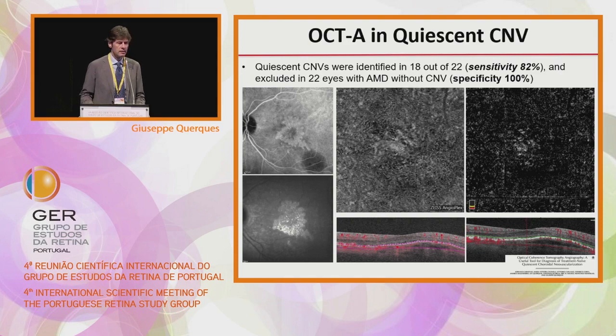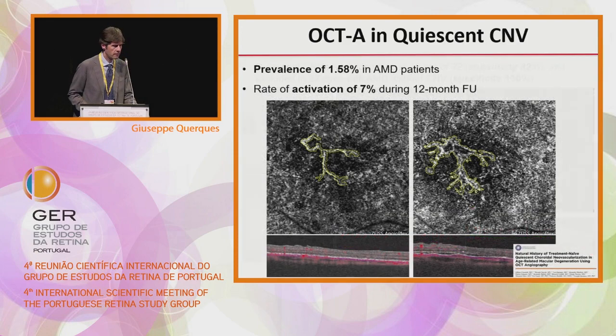So this means that ICG is still the gold standard to make the proper diagnosis of quiescent CNV. And we also looked in this other paper at the growth on OCTA of quiescent CNV and also the rate of activation.